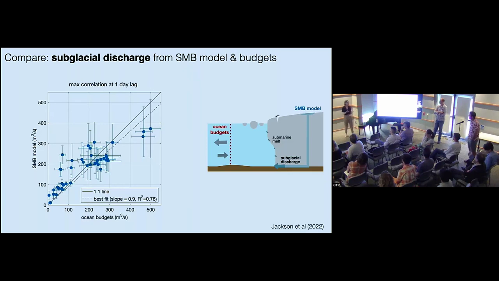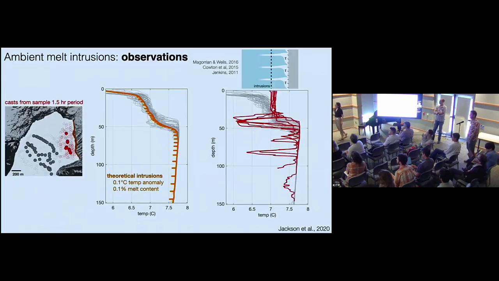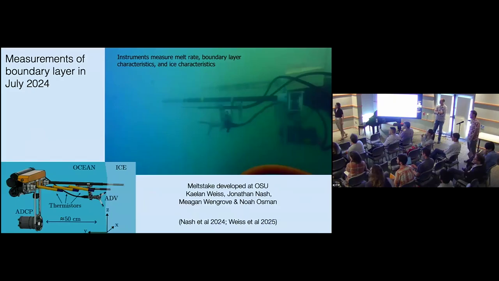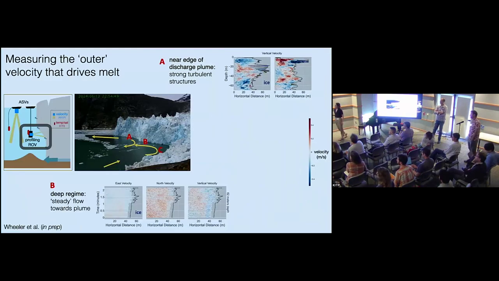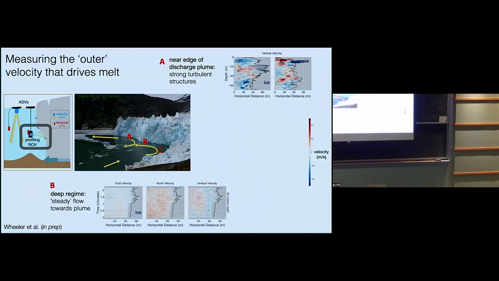This is where separating out the role of submarine melting versus calving is tricky, because how much is calving contributing to the shape of the ice face versus melting. But one thing that we're finding, as we are now able to with the profiling ROV, is we can assess the velocity field near the ice, inching closer and closer.